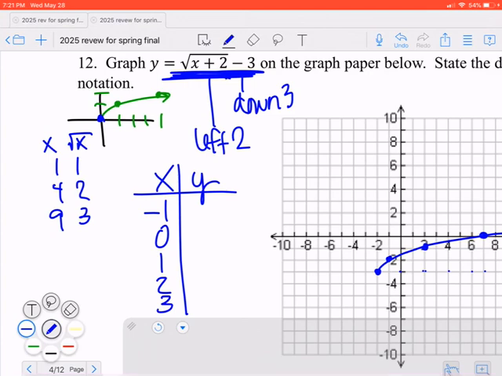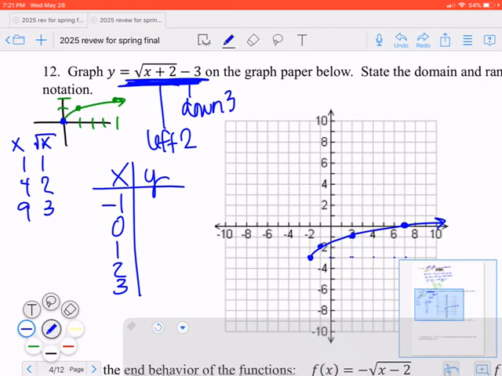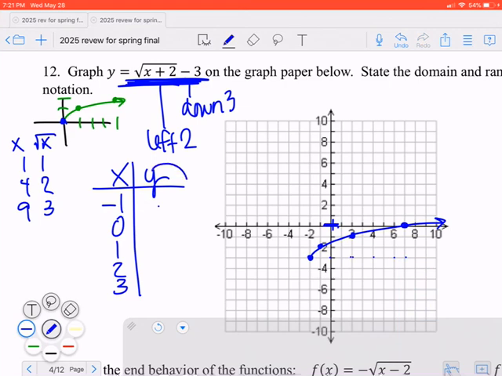And then you plug it into the equation to get your actual values that you plot from 0, 0. These are actual points that you graph starting from the origin. Whereas this is the little tricky thing, you're not starting from the origin, you're starting from the starting point. Over 1, up 1, over 4, up 2, over 9, up 3.